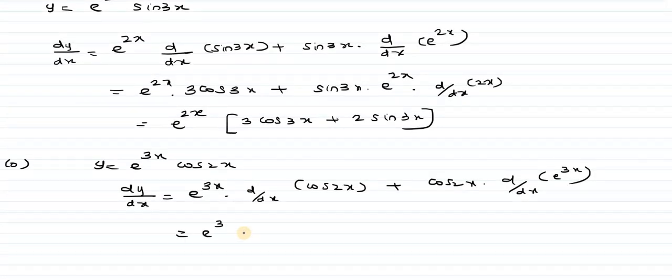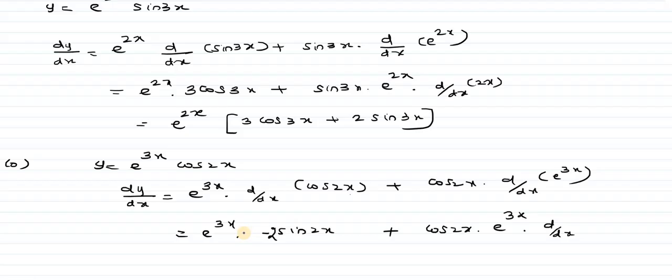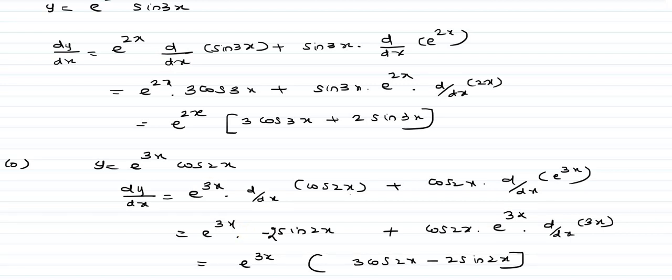So it will be e power 3x, cos 2x differentiation is minus sine 2x, 2x differentiation is 2, plus cos 2x, e power 3x differentiation is e power 3x, differentiation of 3x. So here e power 3x you can take outside. This 3x differentiation is 3. So 3 cos 2x minus 2 sin 2x.